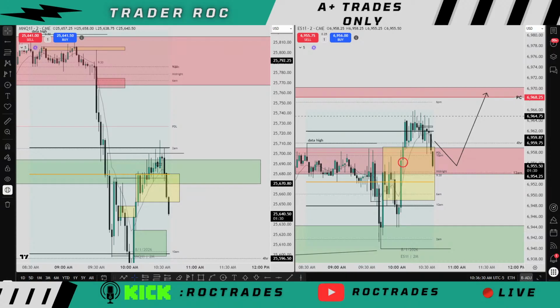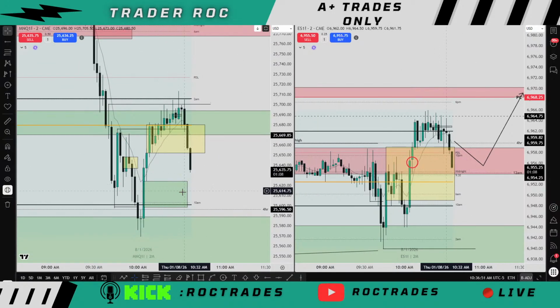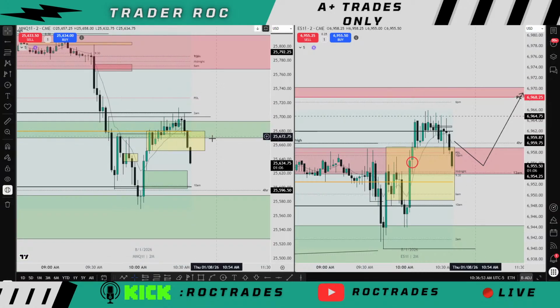You see why it's important to wait? That sell-off was almost inevitable. Massive sell-off too. Here we go. Pushing back to refill all of this unmitigated territory, right?